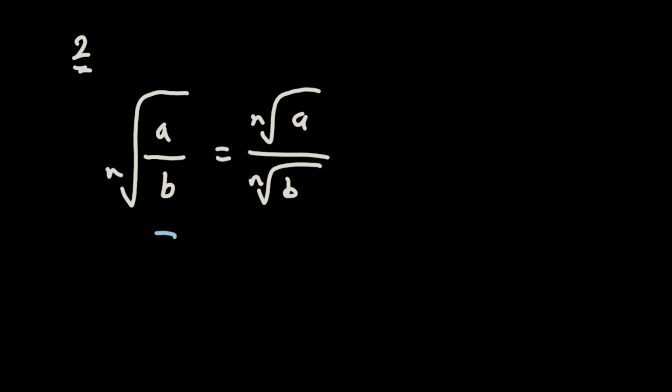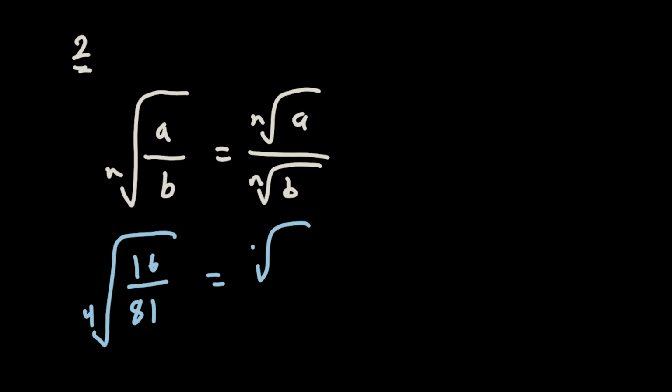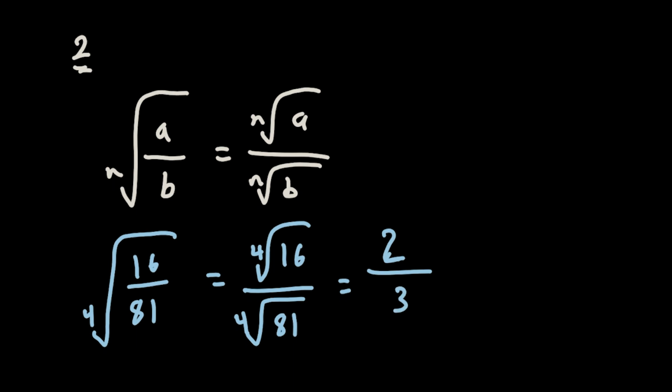If we have the fourth root of 16 over 81, that would equal the fourth root of 16 over the fourth root of 81, and that would equal 2 over, so 81 is 3 multiplied by 3 multiplied by 3 multiplied by 3, 4 times. So we will get 3 as an answer.